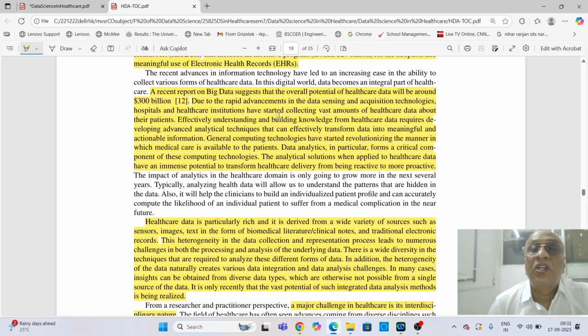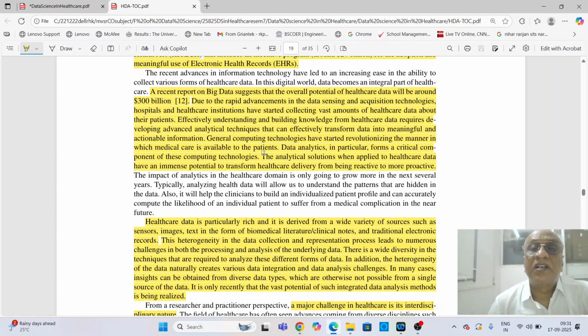We also have advances in data sensing and acquisition technologies. So hospitals and healthcare institutions are collecting this healthcare data through these data sensing and acquisition technologies. Understanding this data and getting insights about it will further enhance the healthcare domain.